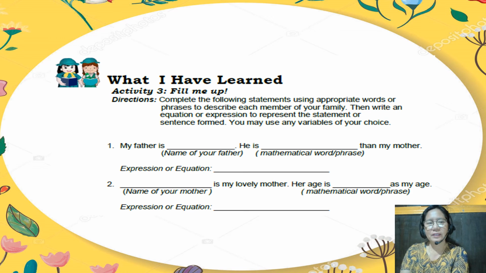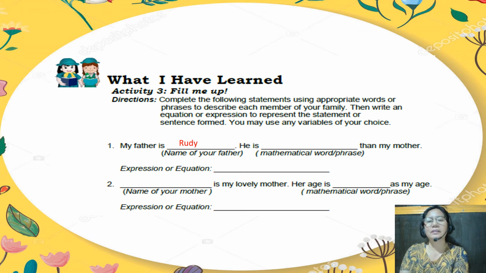Okay, for this activity, we're going to complete the statements with words or phrases to describe each member of your family. Then we will write an equation or expression to represent a statement or sentence form. Okay, for number 1, my father is Rodi.